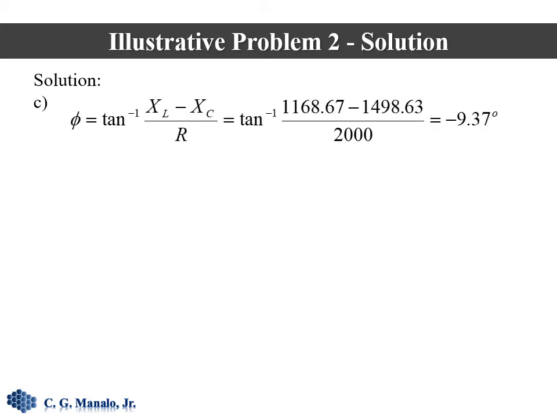We could now compute for the angle phi. Since we already have the values for the inductive and capacitive reactances, that will give us a negative result. That would mean that X sub L is less than X sub C, and that would mean that the circuit is capacitive in nature.